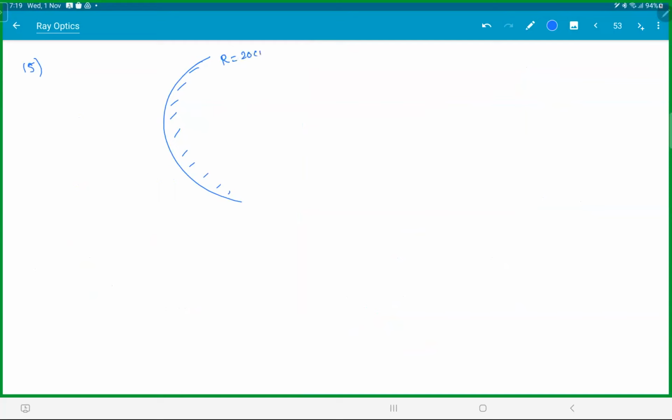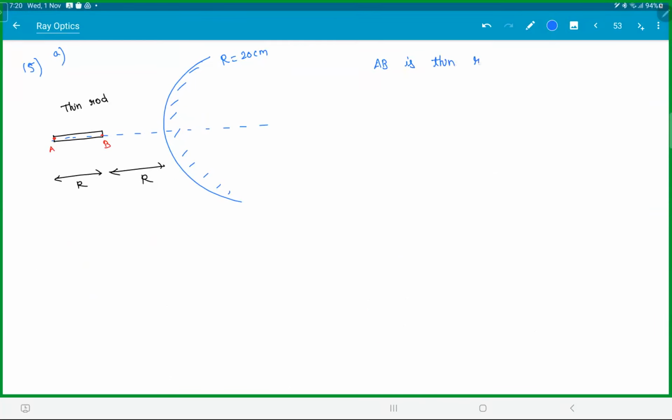Let's say we have a radius of 20 centimeters. You kept a thin rod whose length is also r, whose distance is also r. And r is 20 centimeters. So here AB is a thin rod along the principal axis.